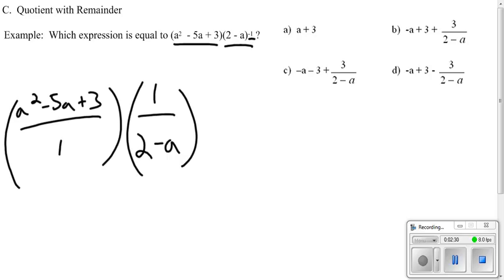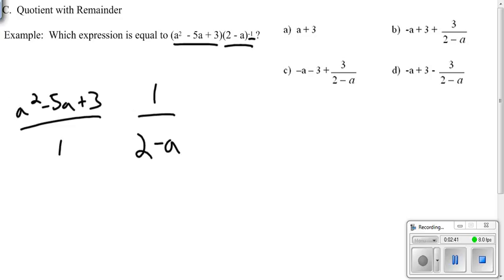Now again, remember, anytime that you are multiplying fractions, you're multiplying straight across. So when we're multiplying straight across, our numerator here by our numerator here, because our numerator is 1, it's going to stay the same.